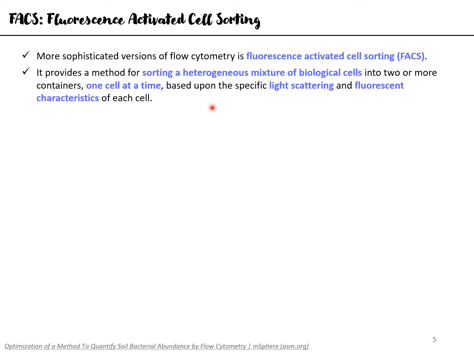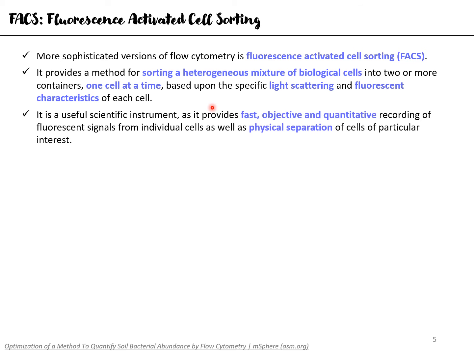So the sorting is not only based on the fluorescence characteristics, but also on the light scattering properties. And the light scattering properties will be dependent on certain physical parameters like the size of the cell and so on and so forth. So it is a useful scientific instrument as it provides fast, objective and quantitative recording of fluorescence signals from individual cells.